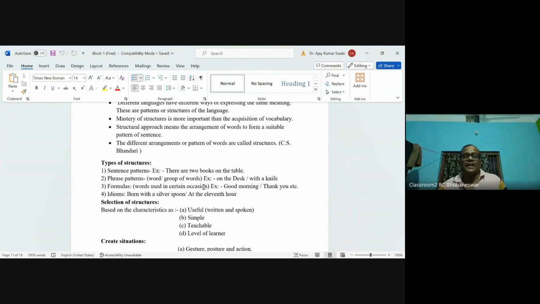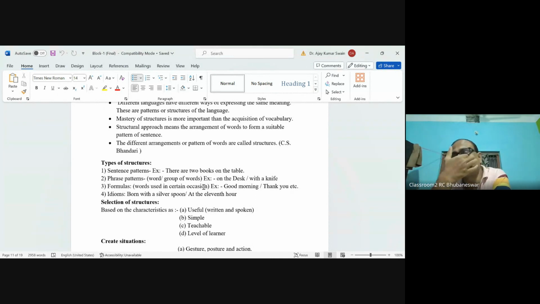Another is simplicity. Always take simple examples. Another is teachable. If this is meant for class 5 students, we should use it for class 5, class 4 or class 6 students, not in higher classes or in classes 1 and 2.